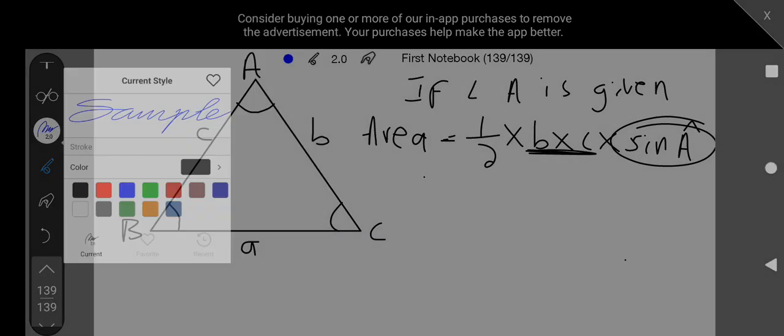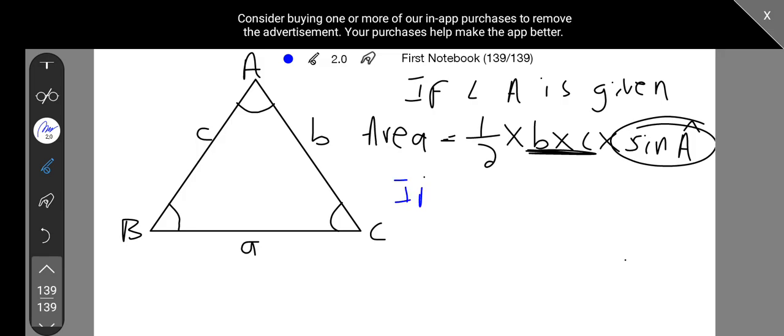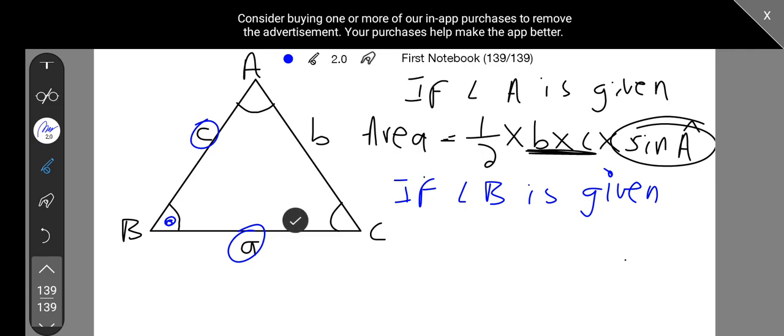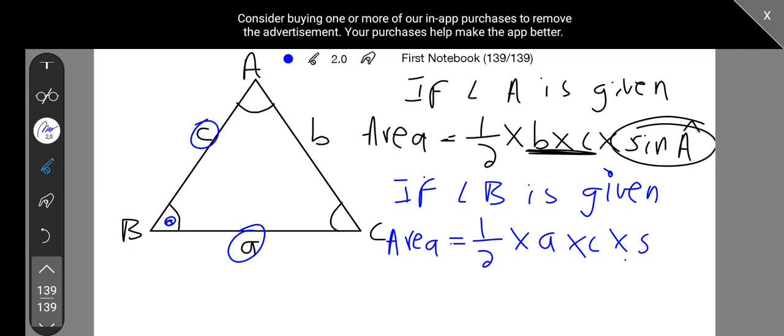Let's do another one. What about if angle B is given? Well, the only difference is just the letters which are used, or the sides. So we're going to use letter B and the two sides in which letter B lies between. So the area is equal to 1 over 2 multiplied by a multiplied by c multiplied by the sine of angle B. And I'm going to do examples.